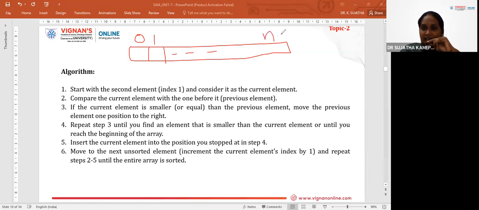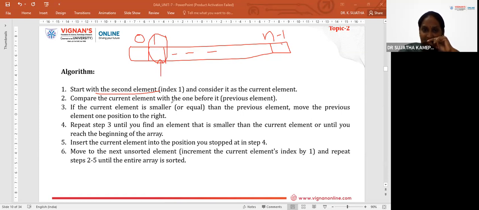If my array contains n elements, the nth element is present at index n minus 1. So we start the procedure with the second element, and we consider this as the current element.